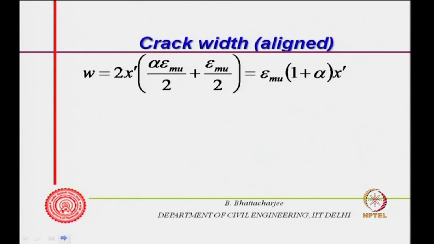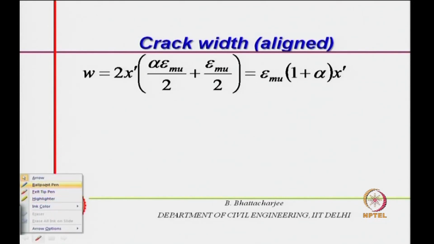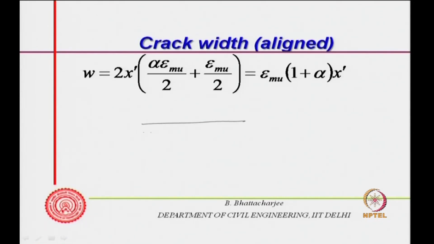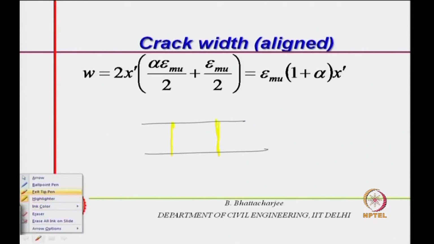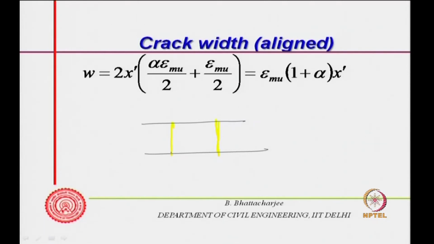Now, if you recall from the last discussion, we are talking about the crack width in case of aligned fiber. If you remember, it was a continuous system, and then the cracks came in between, and we talked about the strain as well. The matrix should have now shortened a little bit.